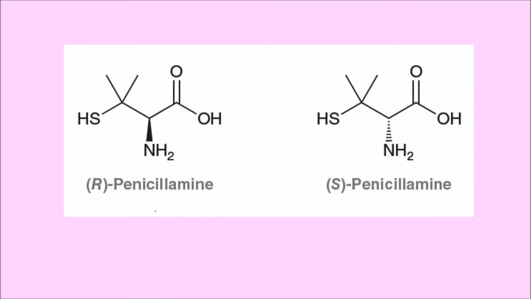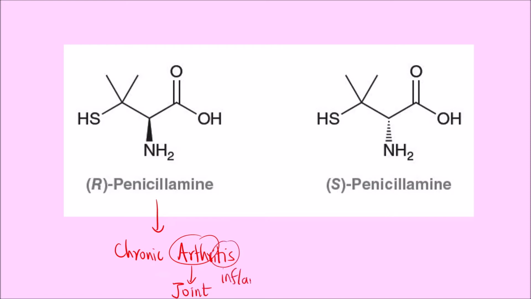Similarly, there is one more example, where R-penicillamine is used to treat chronic arthritis. What is arthritis? Arth means joint, and itis means inflammation. So this drug is used to treat inflammation caused in our joints.